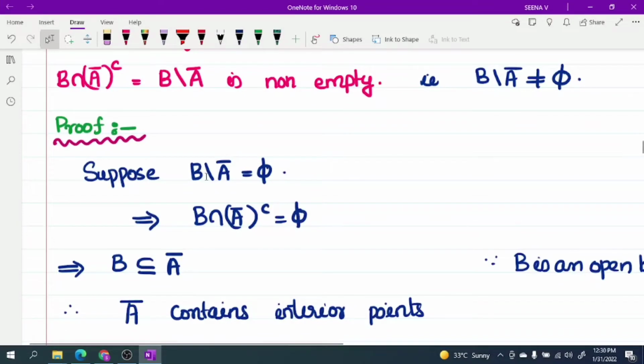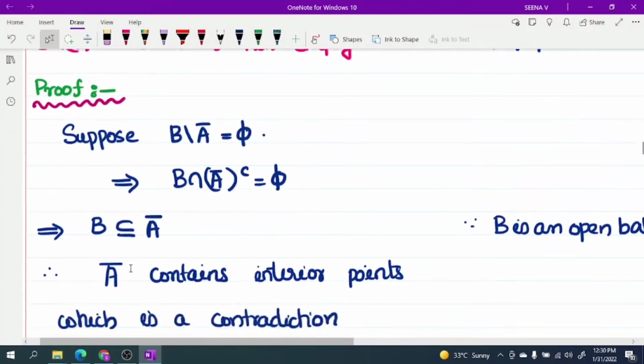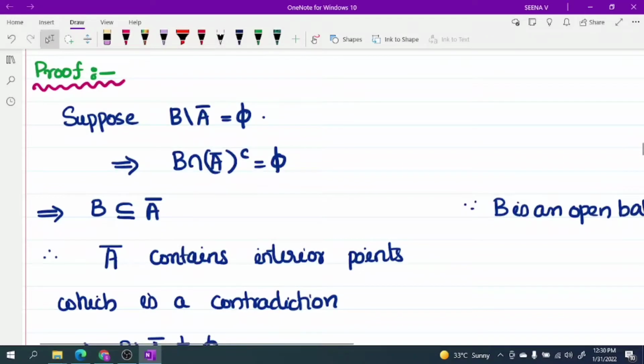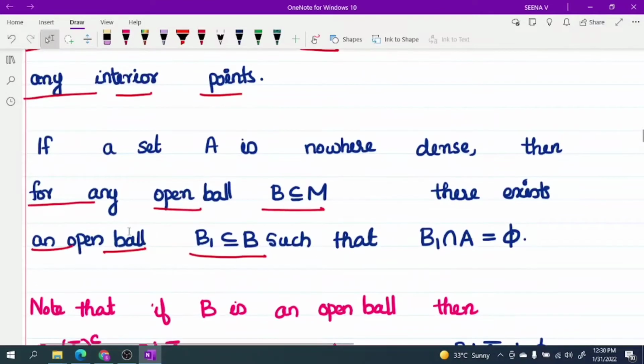If we remove A closure from B, that is B intersection A bar complement is equal to empty, it implies B is completely contained in A bar. Okay. Now B is an open ball. Therefore A bar contains interior points, which is a contradiction because we have taken the given set A to be a nowhere dense set.